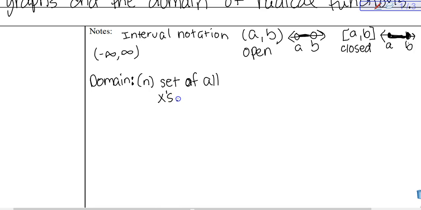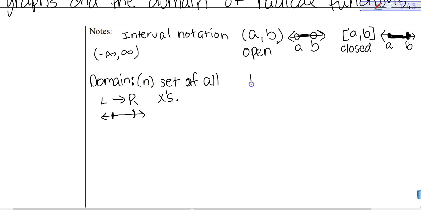The domain is the set of all x's. So if I were to have a graph, I would be talking about how far does the graph stretch on the x-axis. So this is a left to right measurement. And you always start on the left and you stop on the right, and that's a domain. That's your set of your x's.